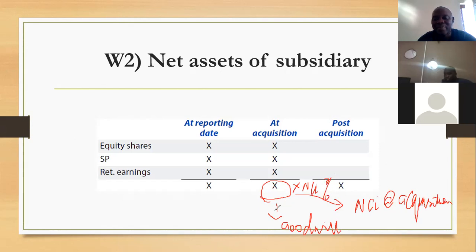So this NCI percentage, whatever you get, this is what goes in the goodwill, sorry, just below the fair value consideration.